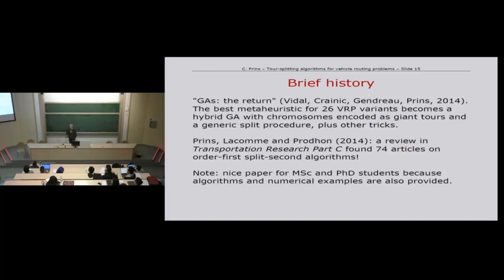Plus, he uses, of course, a lot of other tricks, but his algorithm is very efficient. So if you want an overview, I put a nice paper, not because I am an author, but it's good for PhD students because it's not only a survey: we recall the algorithms and we give numerical examples. And then we comment on the papers.